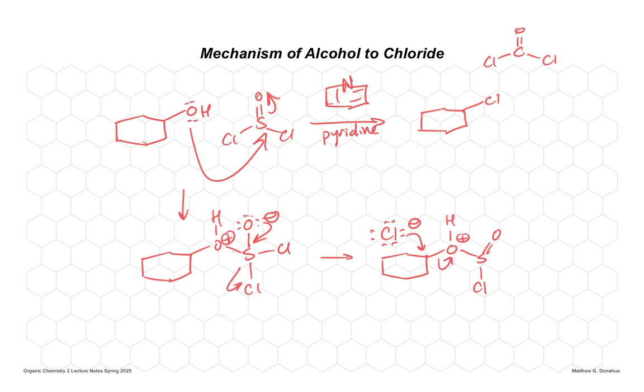So that's like an SN2 reaction. I can just draw it over here. But then we have this other thing that's formed, and that's where the pyridine comes in. That will act as a base to abstract the hydrogen. We form a second oxygen-sulfur pi bond and then eliminate chlorine.